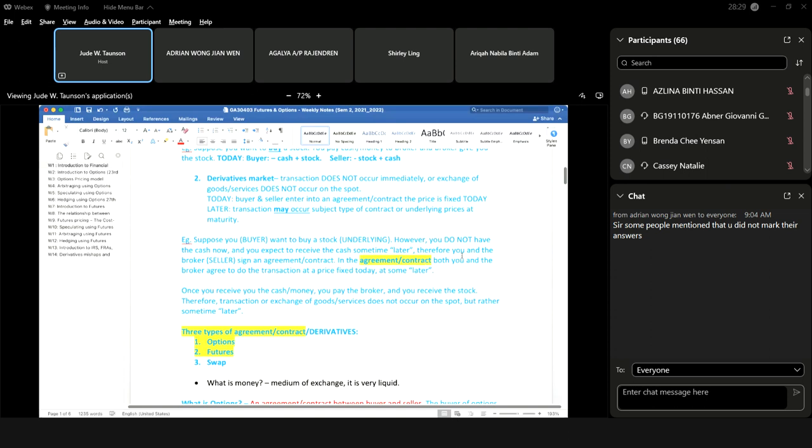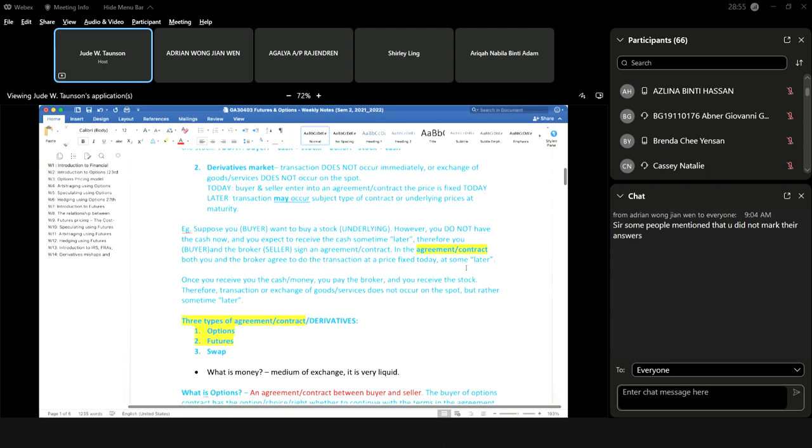Therefore, we, the buyer and the seller, sign an agreement. Belum ada pertukaran. There's no exchange of goods or wang. Saya cuma sign agreement sahaja untuk transaksi berlaku pada masa hadapan.